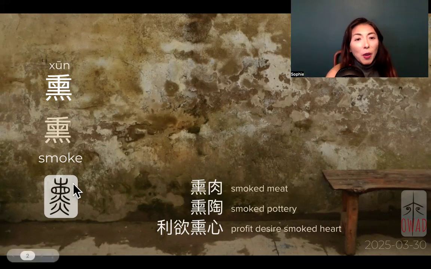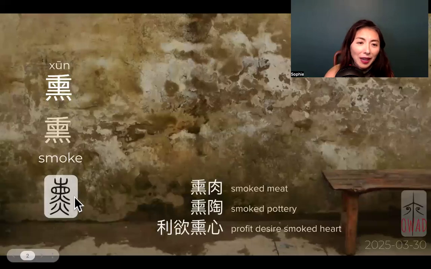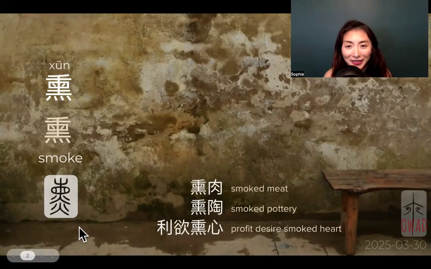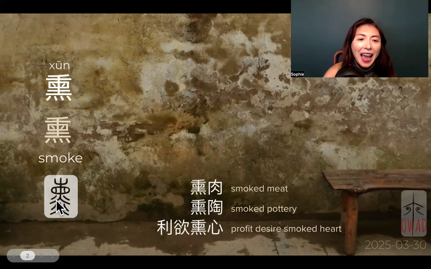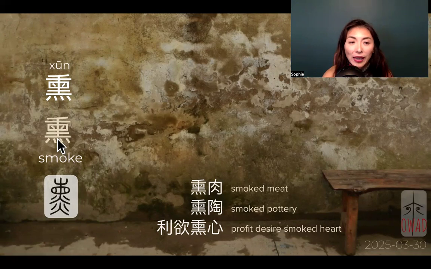Smoke is made of simplified, traditional, and 3,000 years ago, a kind of similar look, except that 2,000 years ago, it actually draws out the fire icons versus the simplified smoke. It's four dots at the very bottom.